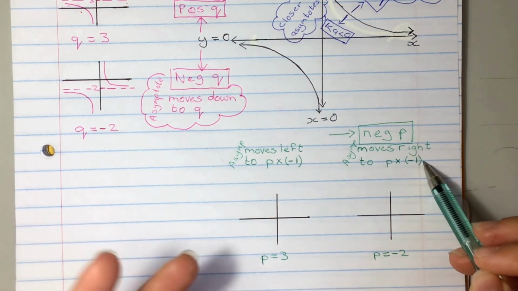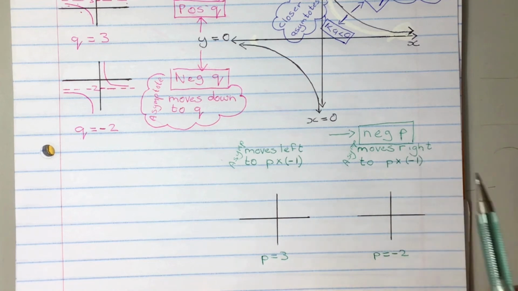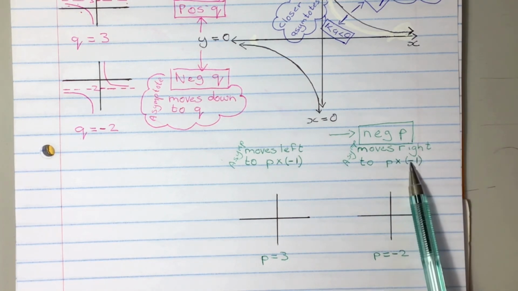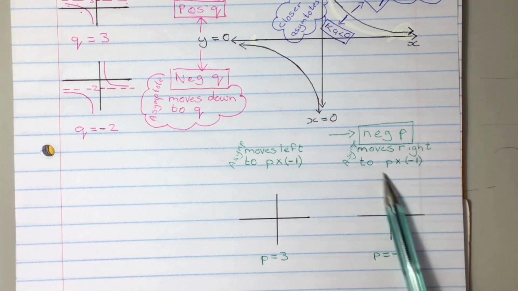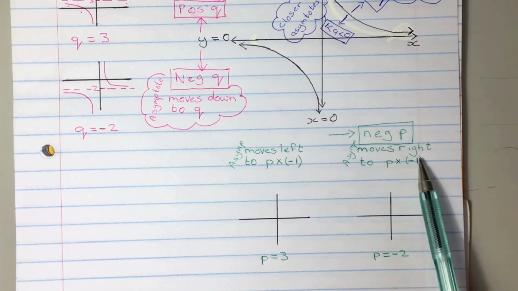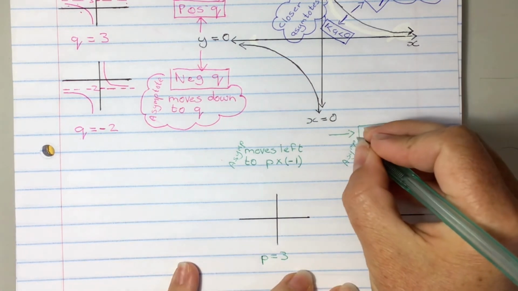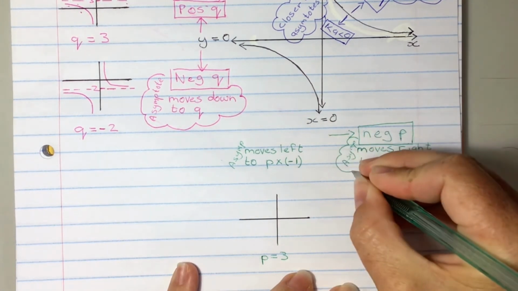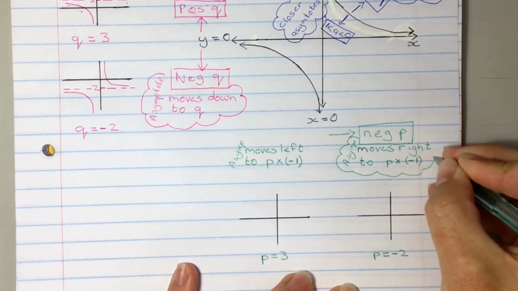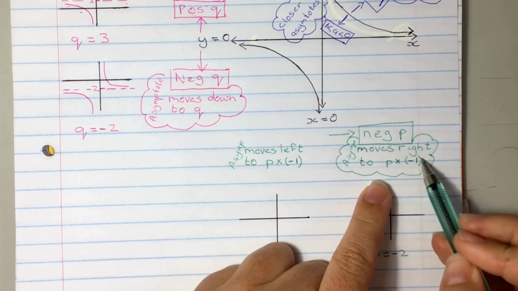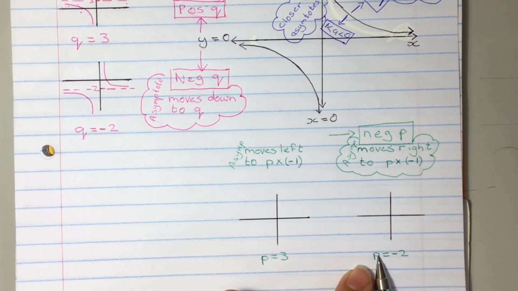Now I'm just putting this in here because not everyone is going to be able to watch the video, so they need to know that the P over here is going to become a positive P, because negative times a negative gives me a positive. So a negative P moves my graph to the right, and the asymptote will land up at P times -1. For example, P is equal to -2.